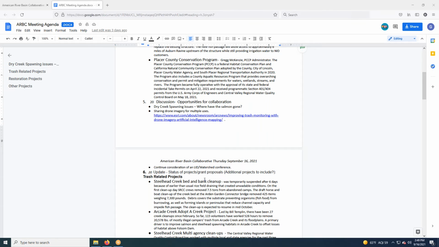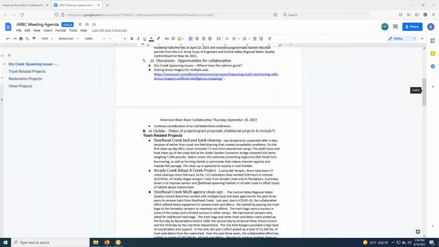Maybe if we looked at some of these projects, we have a variety of them. The Draft Horse project that's going on. I don't know, has everyone seen that or heard about that? It's the first bullet under item 6. And Bill's project, where he's been going out weekly, the second Arcade Creek project.